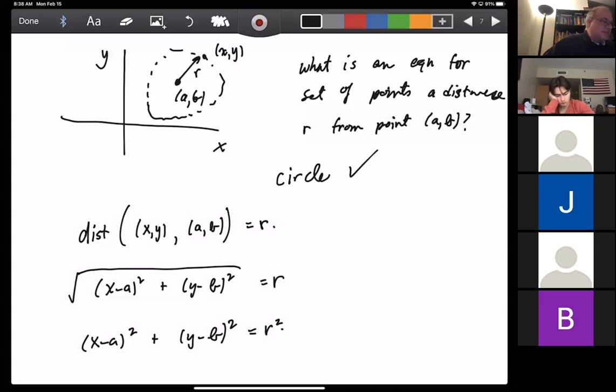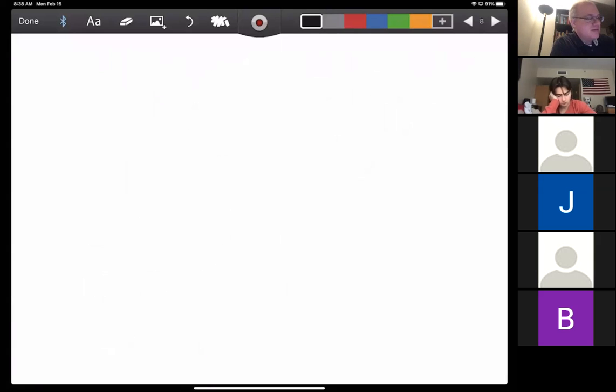Well, you can do the same thing in 3 dimensions. And you will get what's called a sphere.